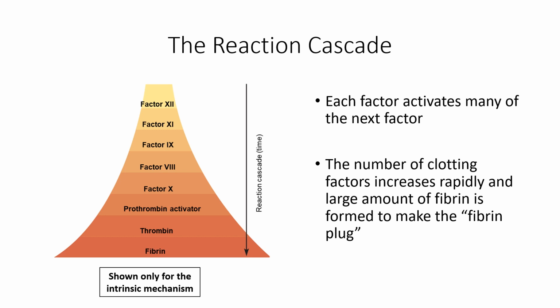So we may start with 2 factors of factor 12, and once we've gone through all of these steps, we have activated thousands of fibrin from the two factor 12 molecules.